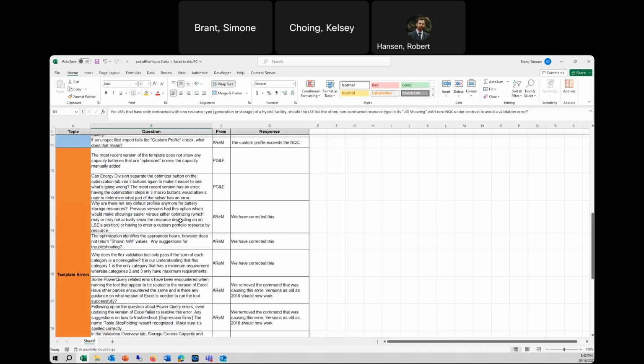In our last session, there was a request to combine the 3 optimization buttons. Now, PG&E is requesting to separate them again, since when there was an error, it was difficult to determine where the error was.